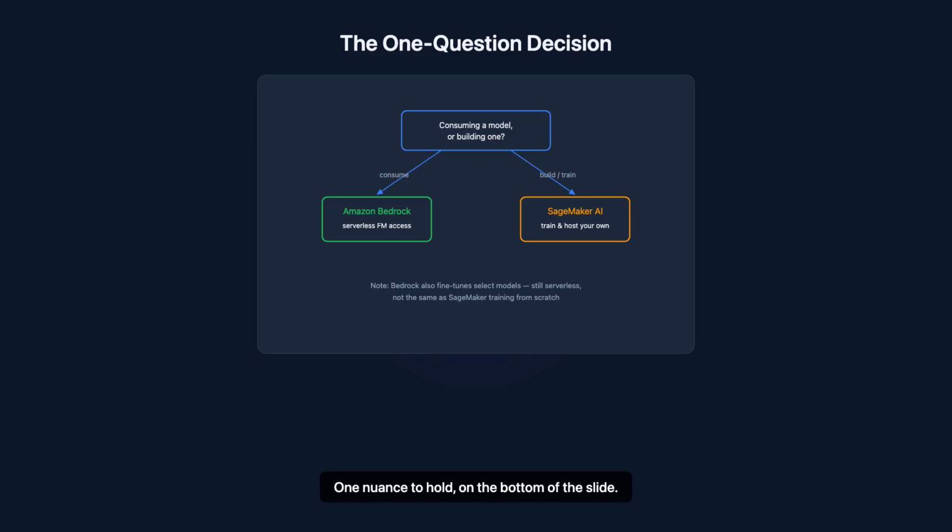One nuance to hold on the bottom of the slide. Bedrock can also fine-tune a handful of select models on your data, and that's still fully serverless. It is not the same thing as SageMaker training a model from scratch. So fine-tuning an existing foundation model on Bedrock still lands you on the Bedrock side of this question.